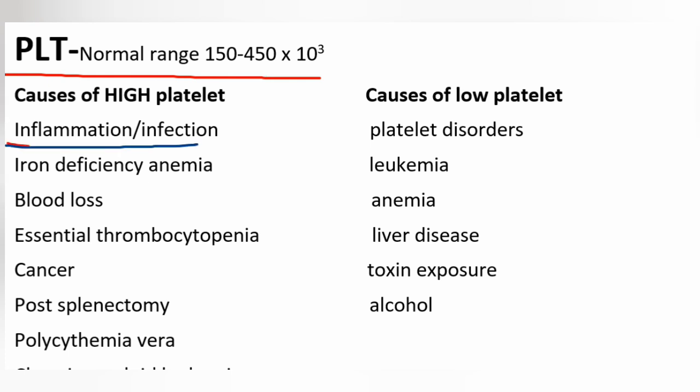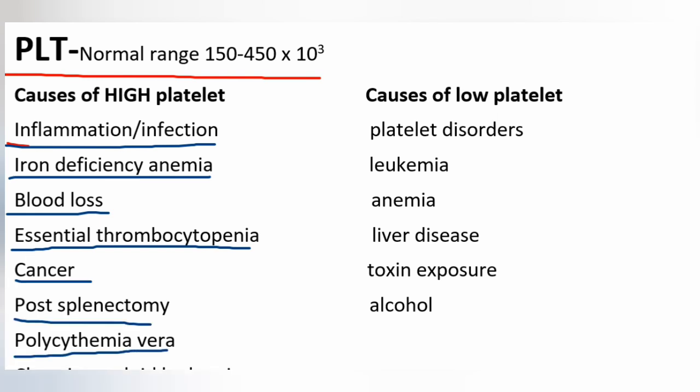Causes for high platelet count: inflammation or infection, iron deficiency anemia, blood loss, essential thrombocythemia, cancer, splenectomy, polycythemia, chronic myeloid leukemia.